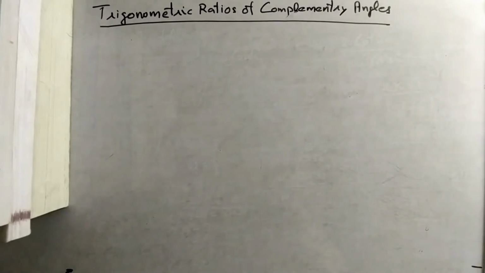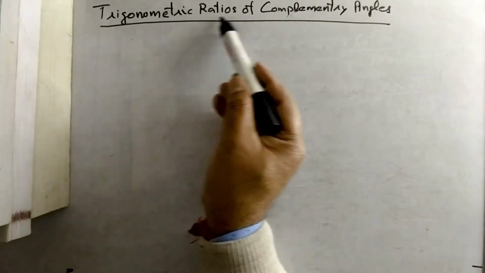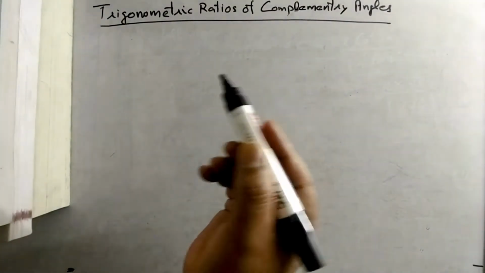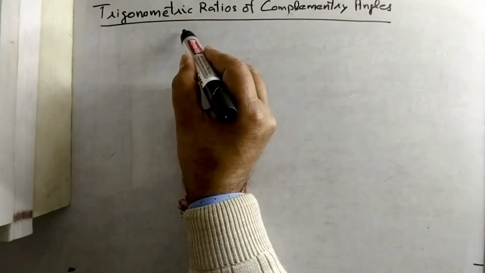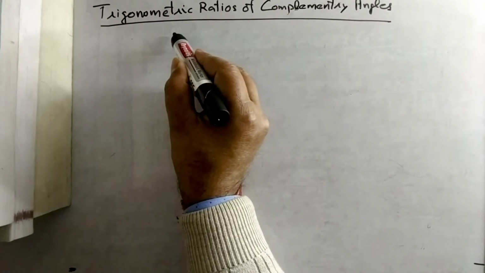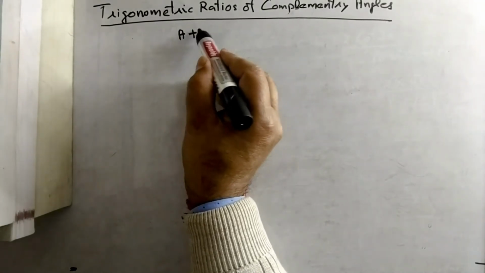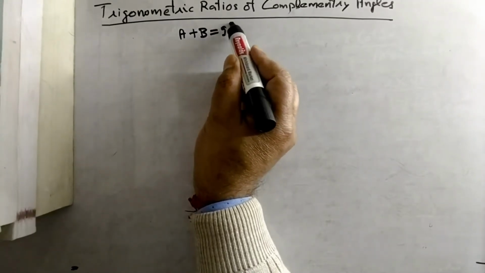Children, let us discuss how to find the trigonometric ratios of some complementary angles. In our lower classes, you have gone through that two angles are complementary if their sum is 90 degrees.